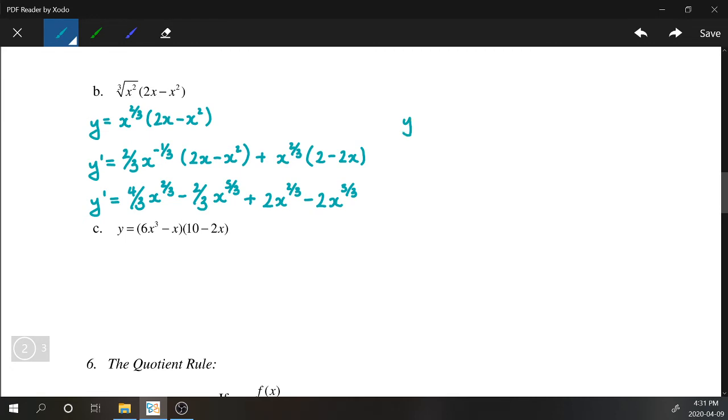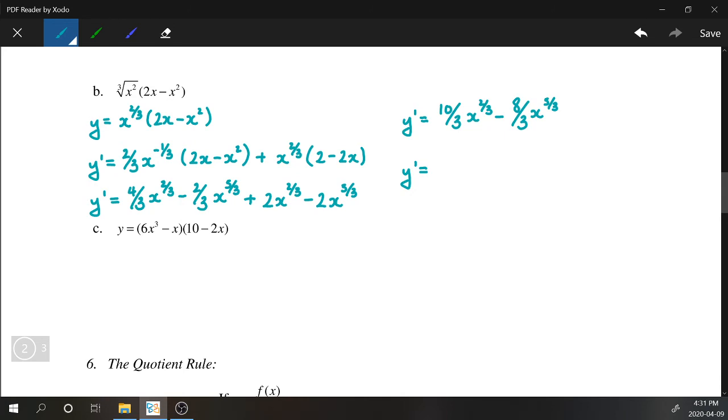So then we have y prime is equal to 10/3 x to the 2/3, and then minus 8/3 x to the 5/3. Now, from there, what you're going to do, of course, is rewrite this with roots, if at all possible.